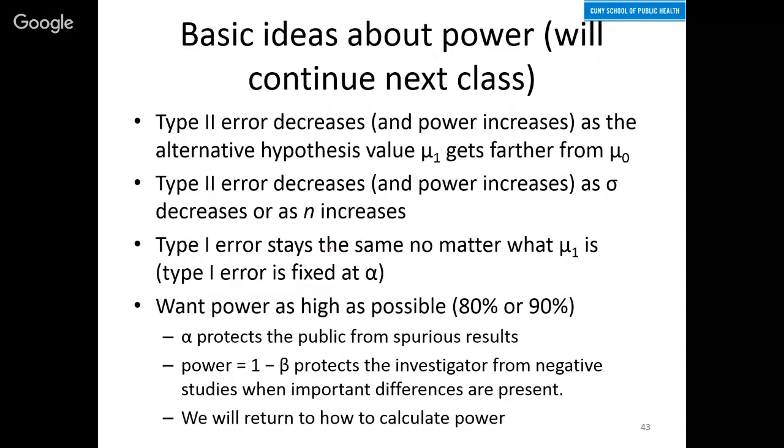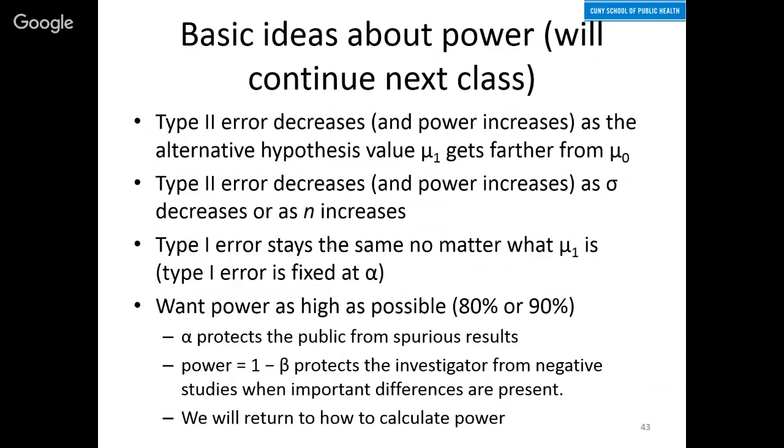What is that going to do to your power? Higher power. Why higher power? The confidence is large, and so by selecting a very, very tiny alpha, you're making it more difficult to reject the null hypothesis. You need a lot of evidence to reject the null hypothesis.